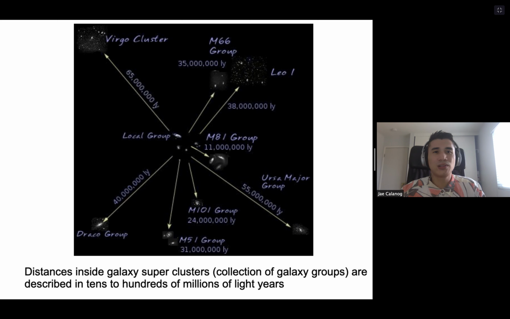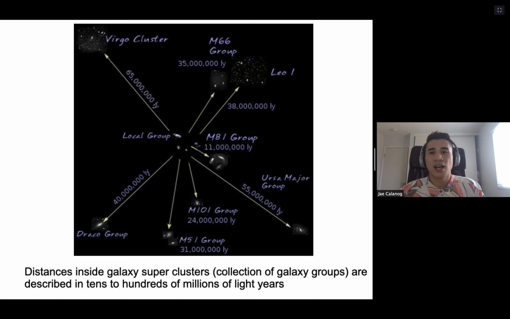Okay, so now let's zoom all the way out. Now we're looking at groups of galaxies called galaxy superclusters. The Milky Way and Andromeda are part of a group of galaxies that are all bound together via gravity called the local group. It's a group of about 50 galaxies or so.